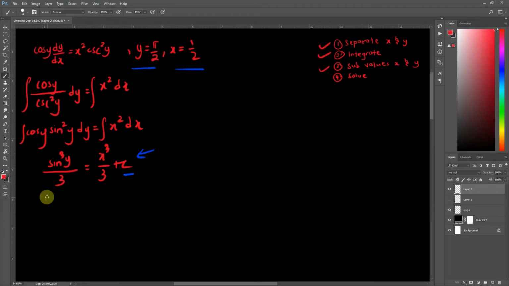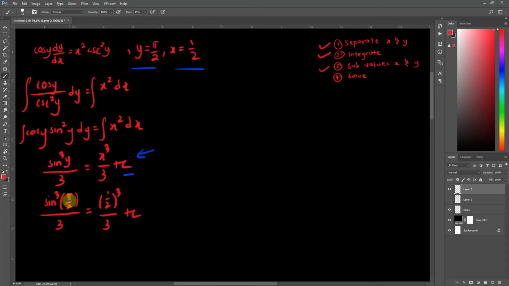y is pi over 2, so we substitute: sine cube pi over 2, over 3, equals, substituting x with half, half cubed over 3 plus c. Then we calculate all of this.